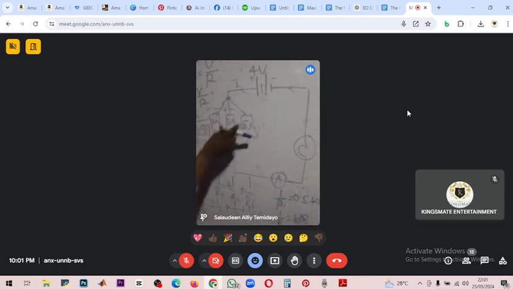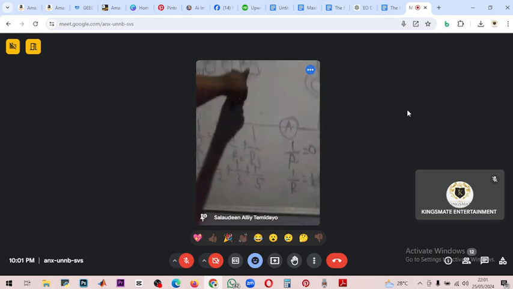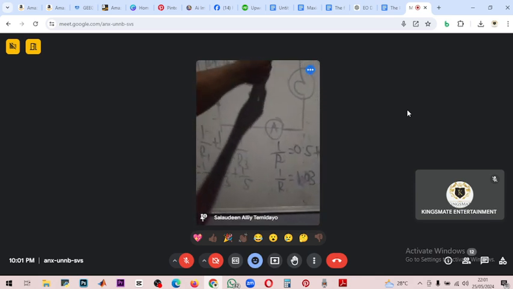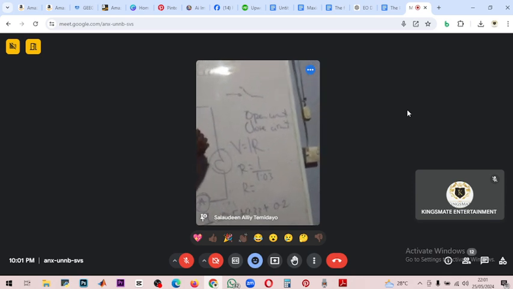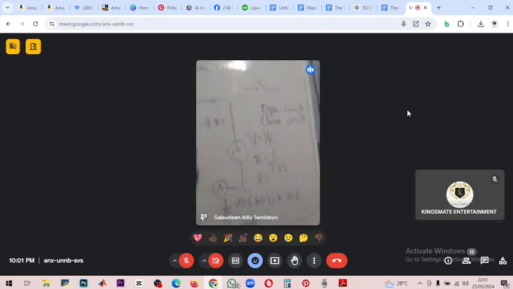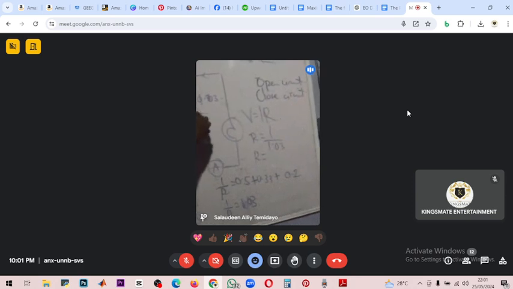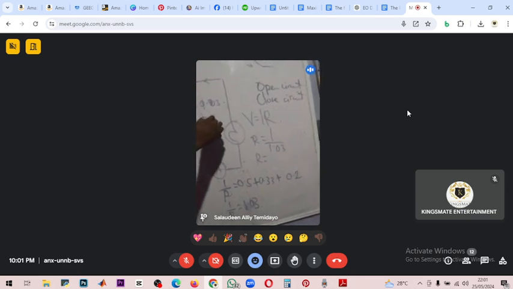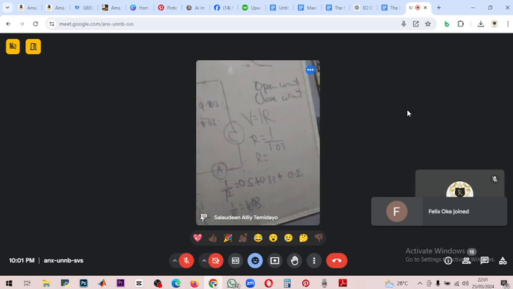So the total resistance here is 1 over 2 plus 1 over 3 plus 1 over 5. Add that together. 1 over R equals 1.03. So R is going to be 1 divided by 1.03. That will be your value of the total resistance here.